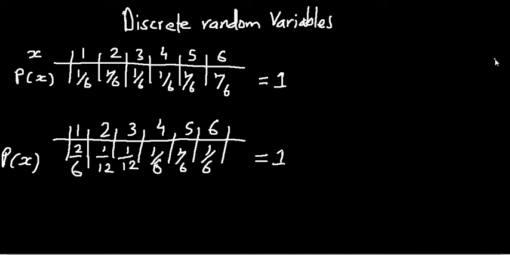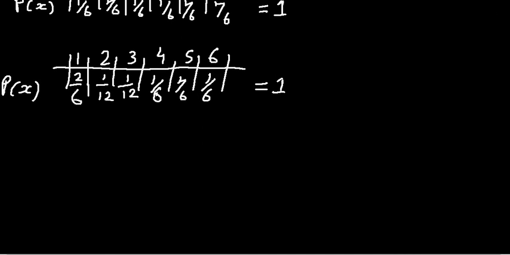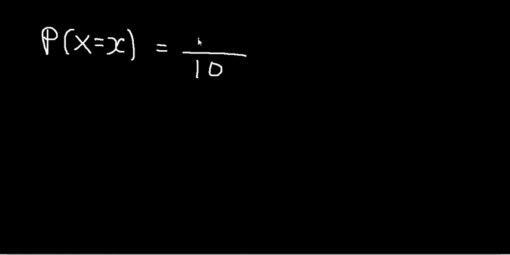Sometimes the probability of a certain outcome could be found by substituting the value of that outcome into a formula. Let's look at this example. For this event the outcomes could be anything from 1 to 5.